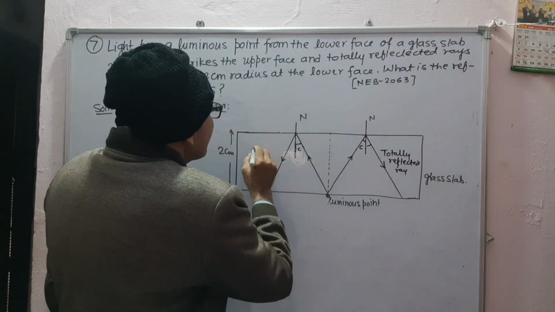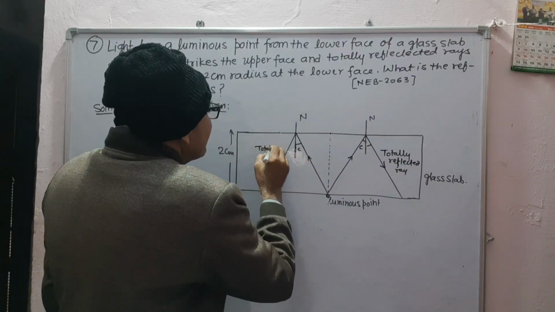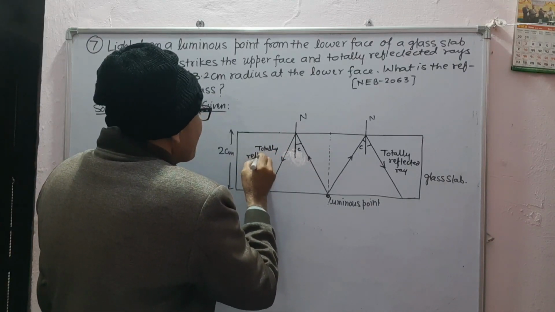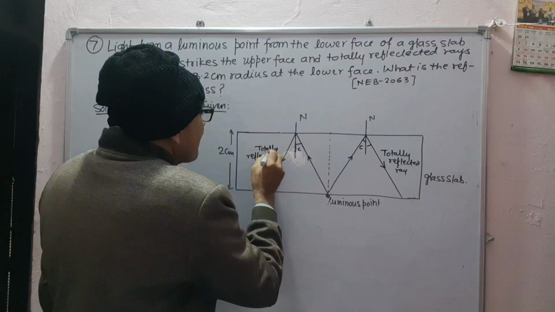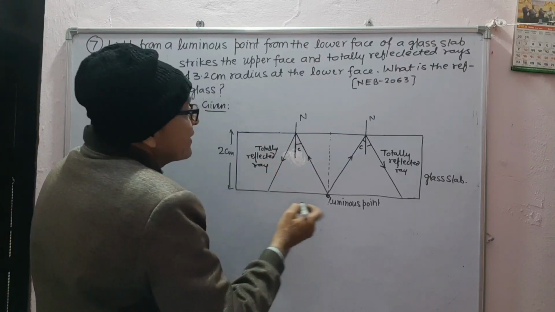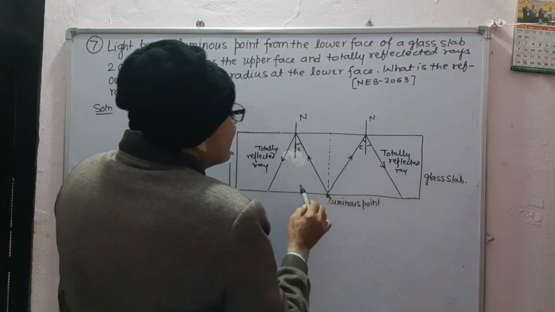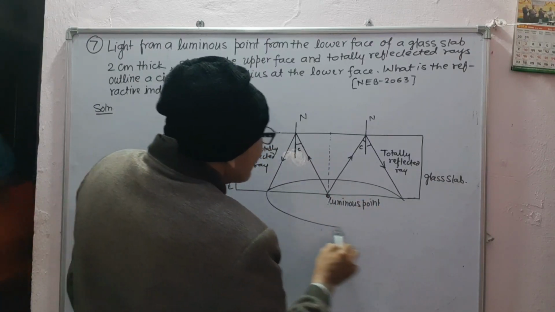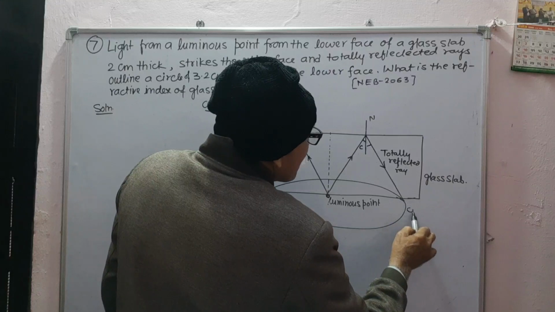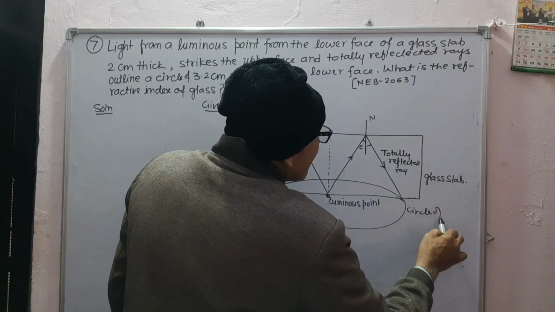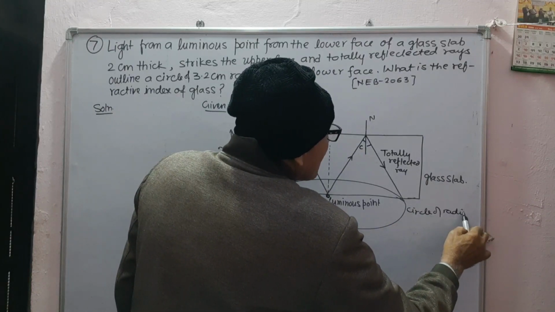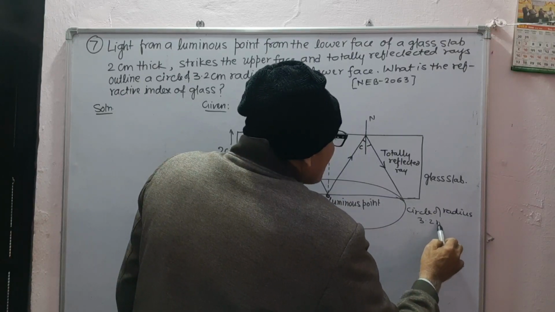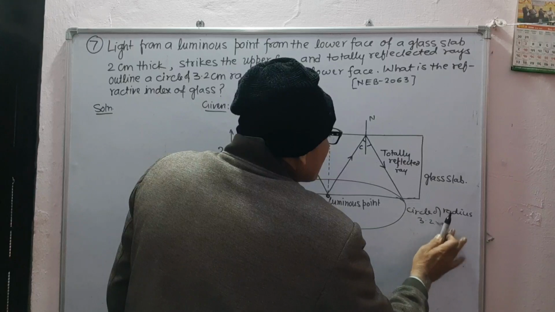Similarly, this is the totally reflected ray. These two totally internally reflected rays outline a circle of radius 3.2 centimeter.